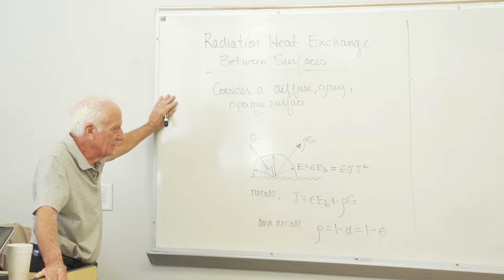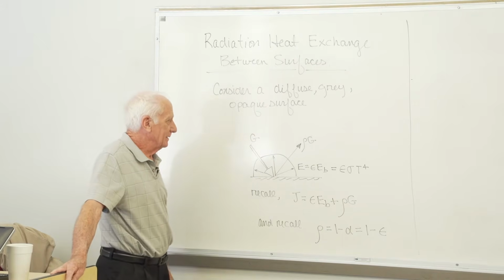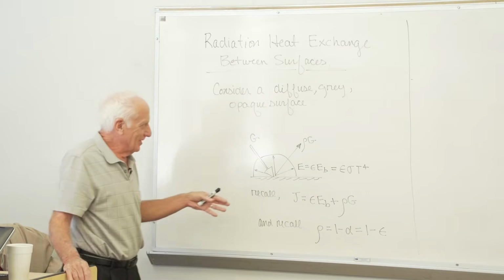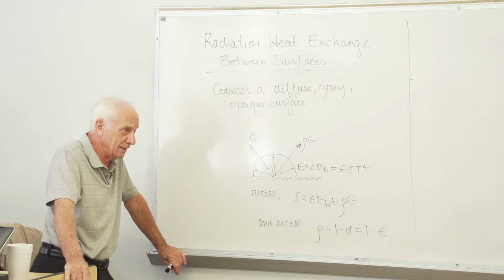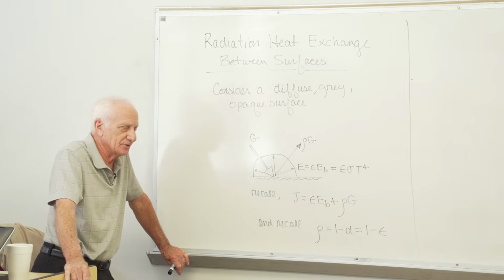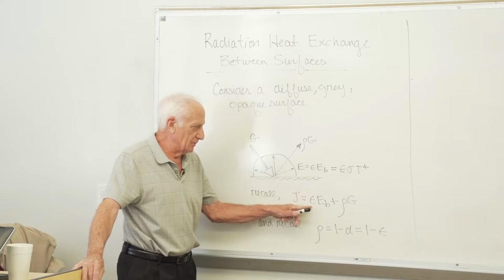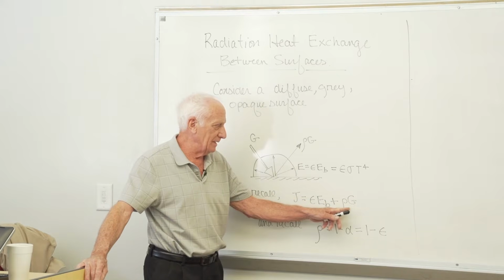The reflected amount of the incoming radiation is rho times G. Because the surface has a temperature, it also has an emissive power, epsilon E_b, and of course E_b is sigma T to the fourth. From chapter 12, the radiosity J is the radiation leaving a surface. J is what leaves due to its temperature, epsilon E_b, plus the reflected amount of the incoming radiation, rho times G.